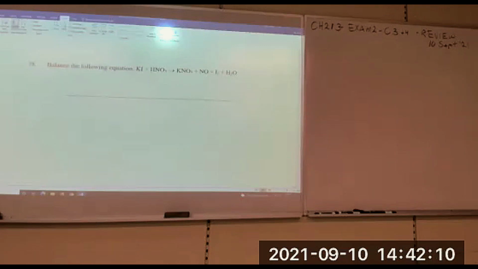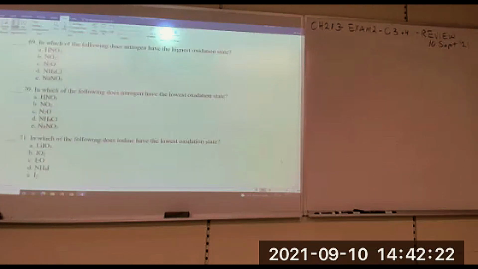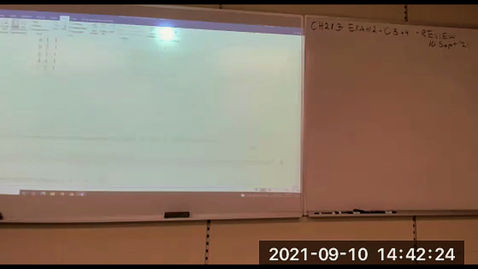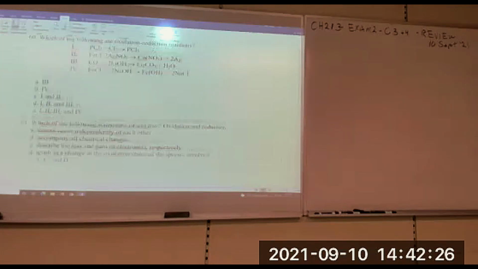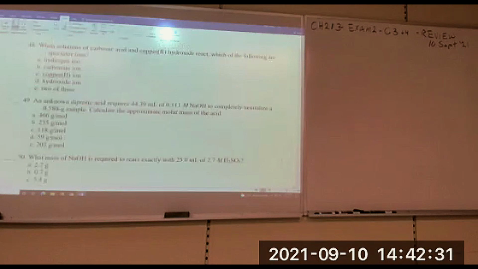Balancing equations. Okay, those are balanced equations. Fill in the blanks. Okay. We got into formula equation, balanced formula equation, complete ionic equation, and net ionic equation. Did we do that?